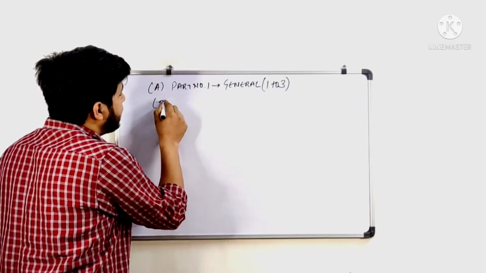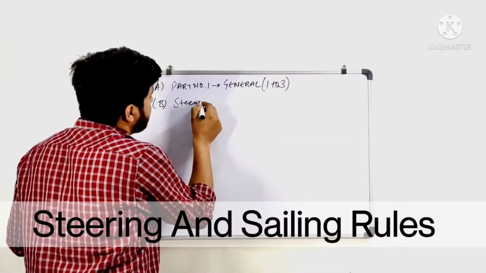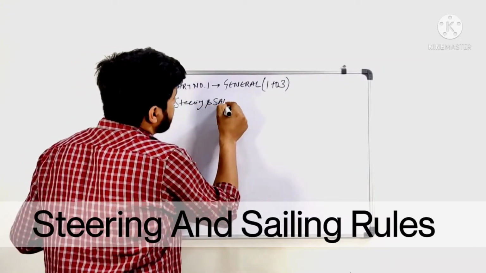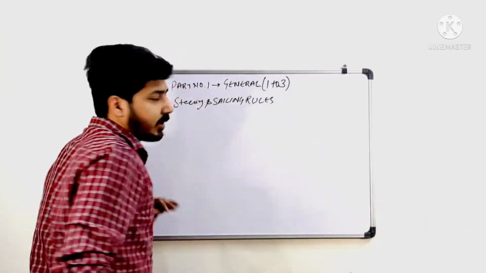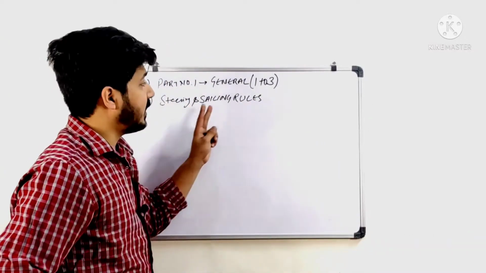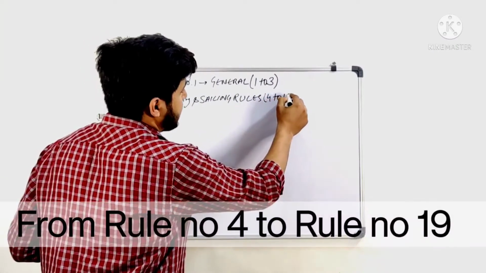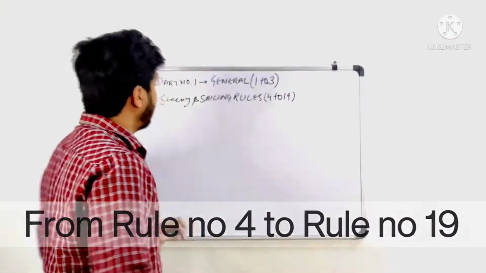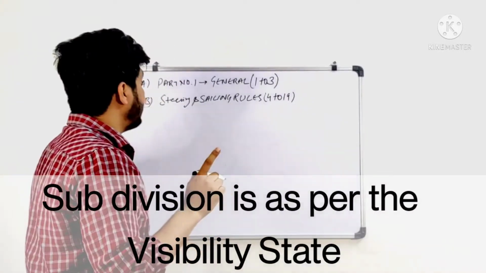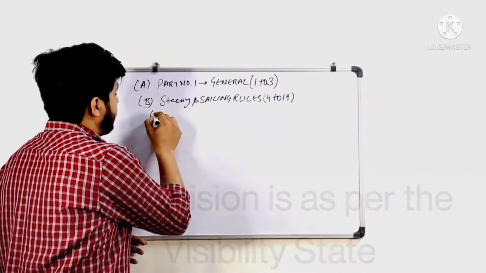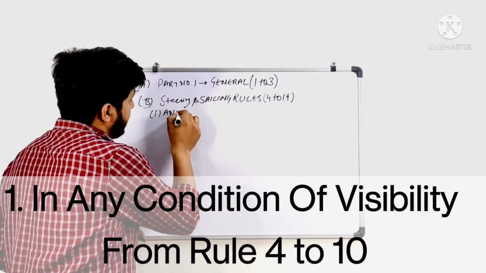Then part B is steering and sailing rules. The steering and sailing rules are from rule number 4 to rule number 19. But this part B has been divided into 3 subdivisions. First, any condition of visibility.